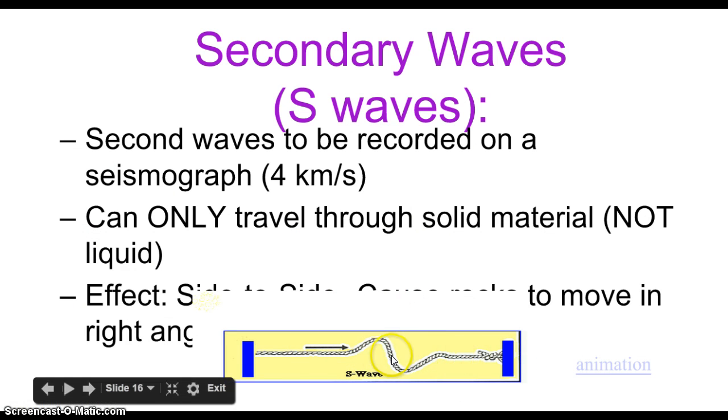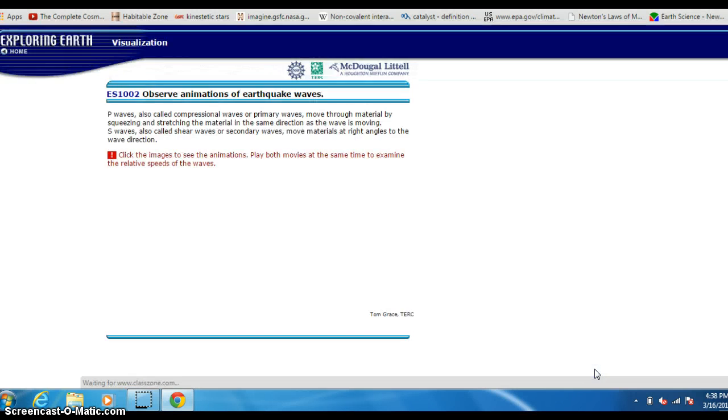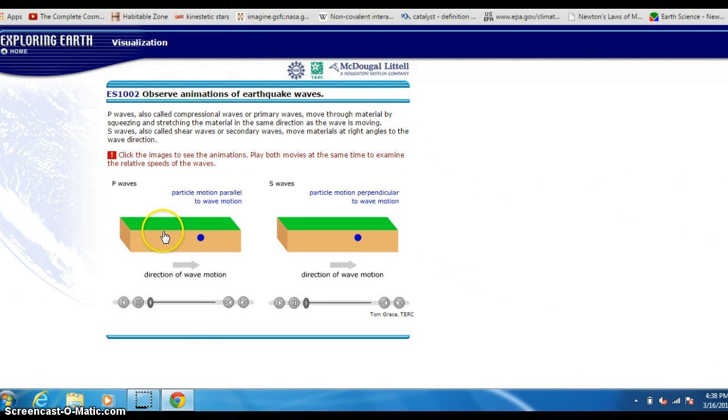They go side to side at right angles to the direction that they're traveling. So here's a quick animation of the two different waves. Here's P waves. Notice they're just going in the same direction as the wave travels, but the S waves snake back and forth, and they go perpendicular to the direction of the movement.